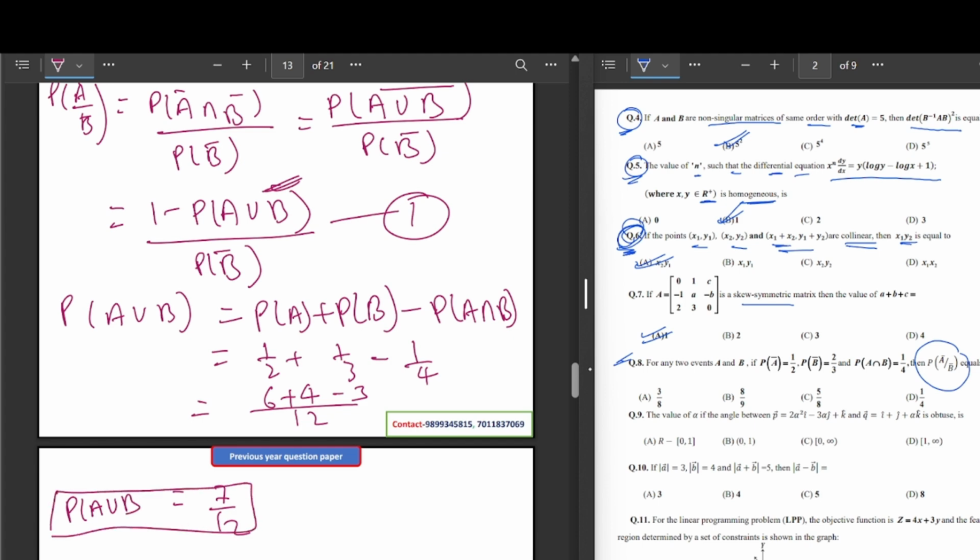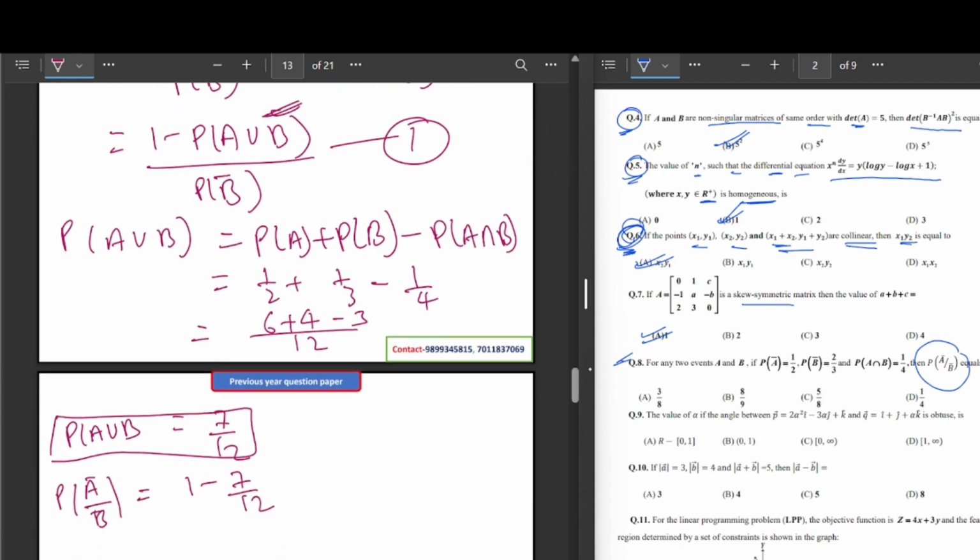Now we have to find this one. It is equal to 1 minus 7 over 12, over P of B bar, which is 2 by 3. Solve this one: 12 minus 7, 5 by 12, over 2 by 3.